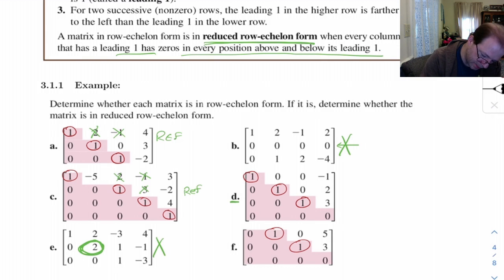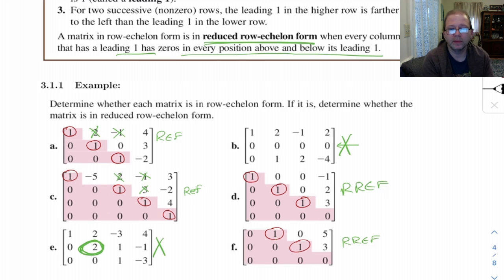Now D, if we look at it, with the leading ones, everything else in all those columns is 0. So this one is in reduced row echelon form. And ditto for F. It's got leading 1s here and here, and everything else in those columns is 0. So that's reduced row echelon form.